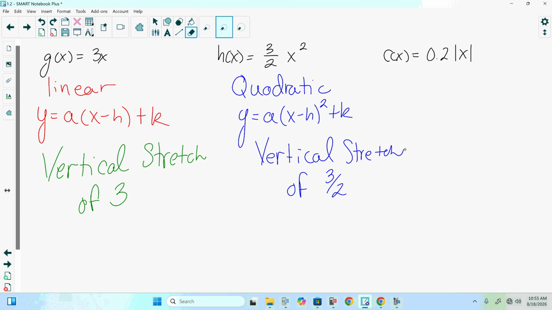It would be a vertical stretch of 3/2. Questions on any of this so far? Are you ready for the next one?